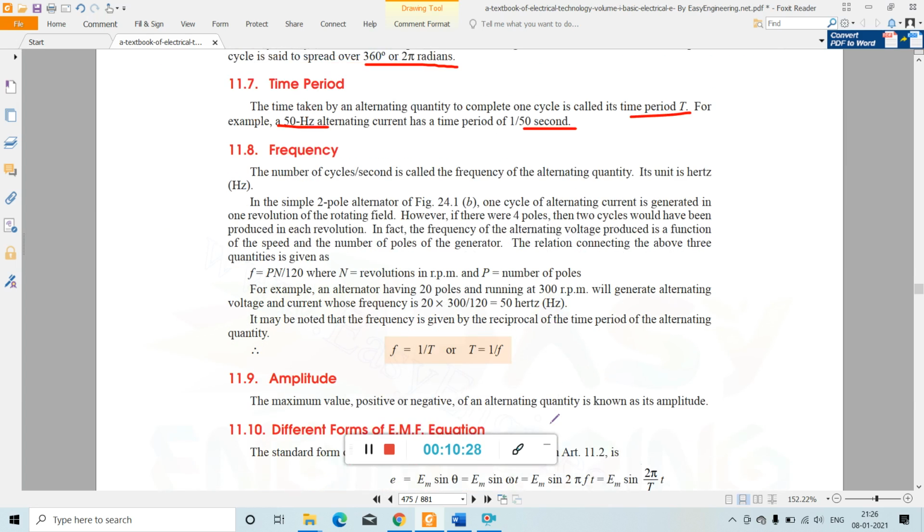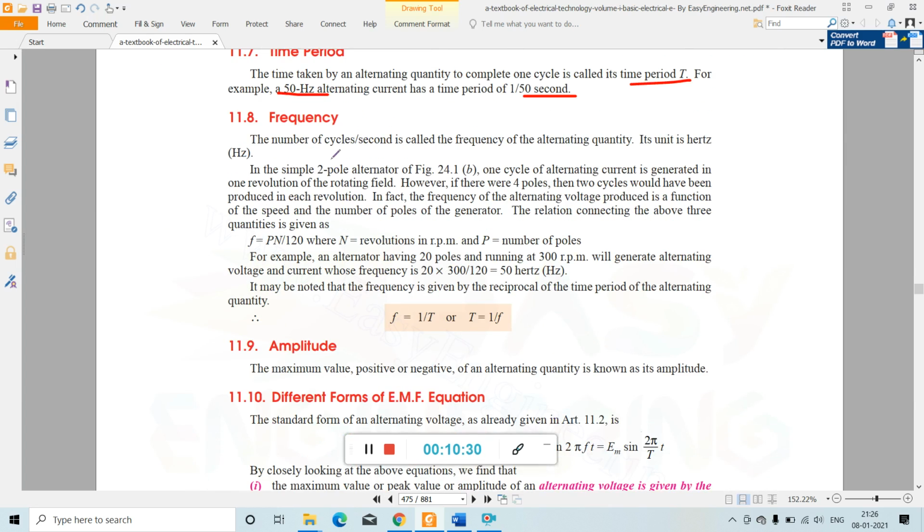Then the next one is the frequency. What is frequency? The number of cycles per second is called the frequency of an alternating quantity. Its unit is hertz, represented by Hz.